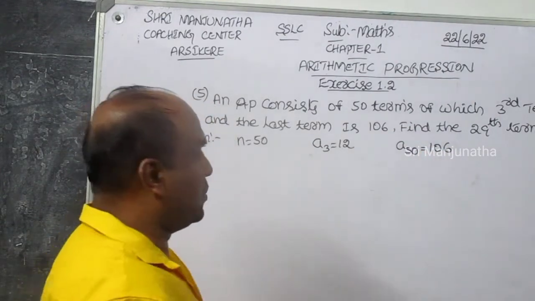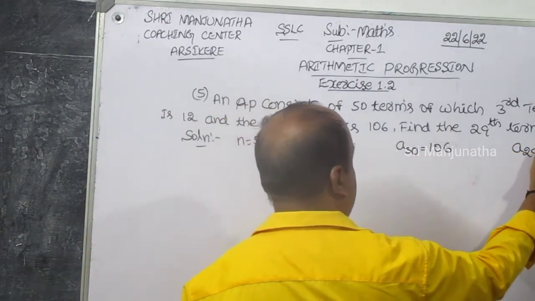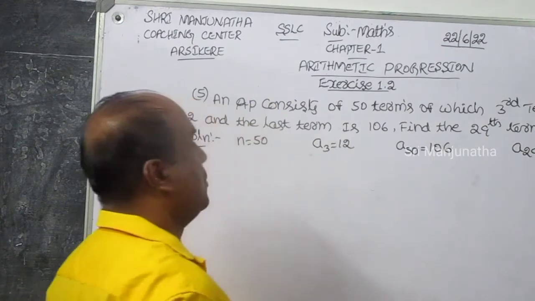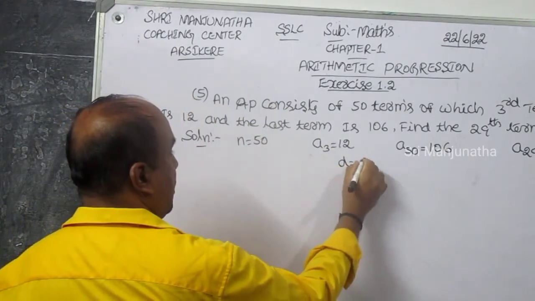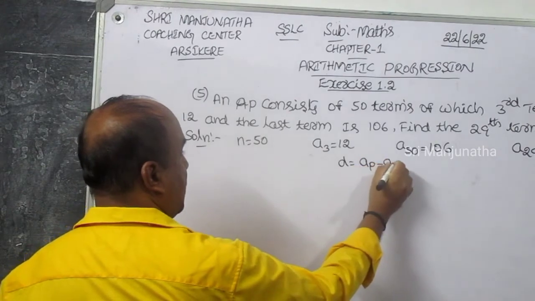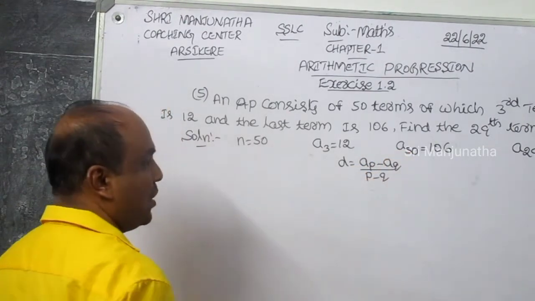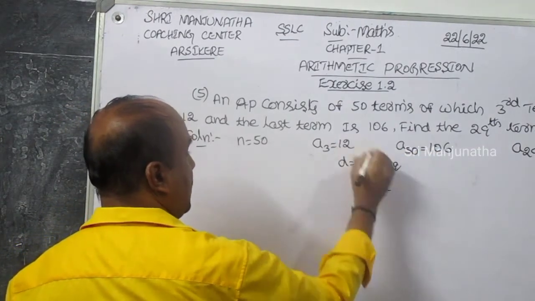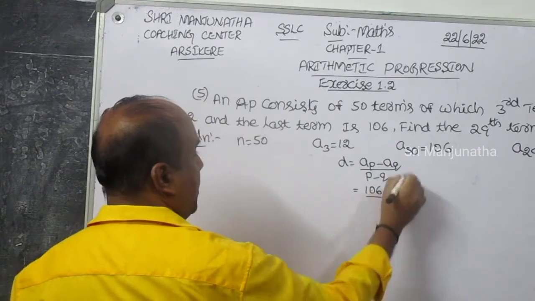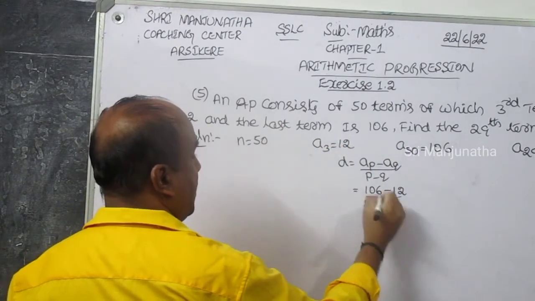We have to find A29, the 29th term. Same formula: D equals (AP minus AQ) divided by (P minus Q). AP is 106, AQ is 12, P value 50, Q value 3.